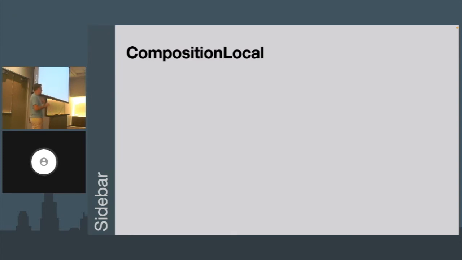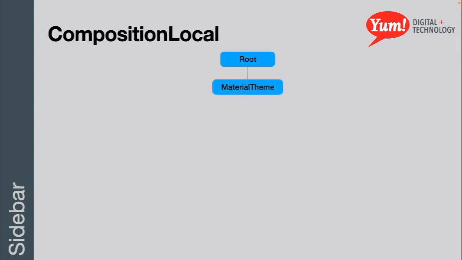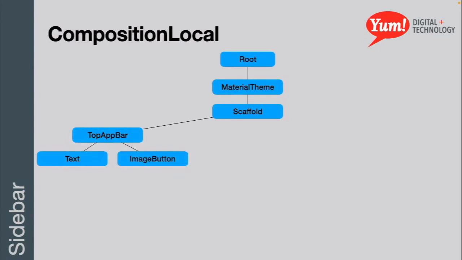So when Compose came out and people talked about Compose, you might hear that Compose is really about managing trees, right? And so what does that mean? Well, in our view, we have a root node. That's sort of the entry point when you set content or whatever. And then in there, that previous diagram of the screen, we had material theme. You might have a scaffold that sort of builds the structure of the screen.